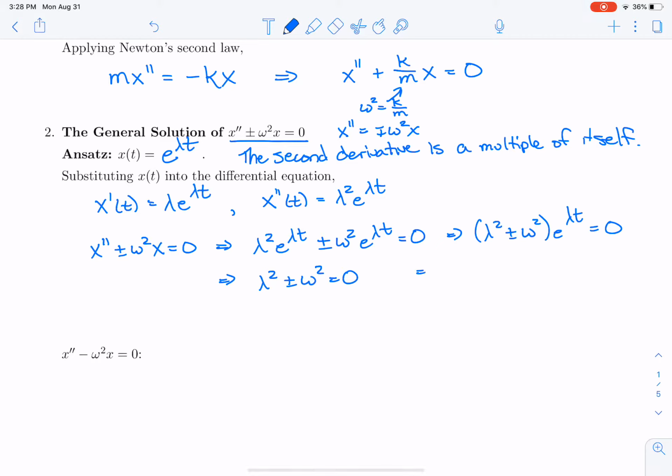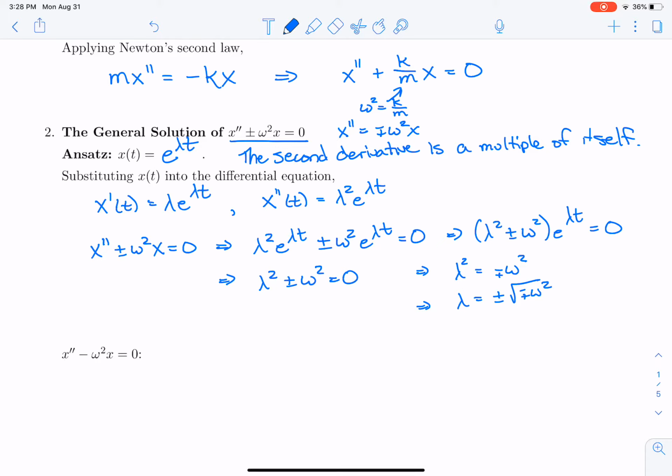We could say that lambda squared is equal to negative omega squared, or that lambda is equal to plus or minus the square root of negative or positive omega squared, if we like. So we have figured out what the constant lambda should be.